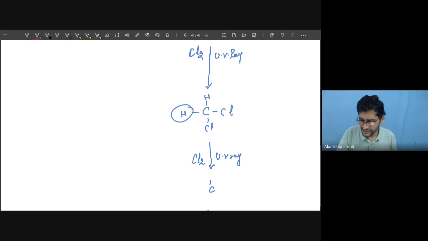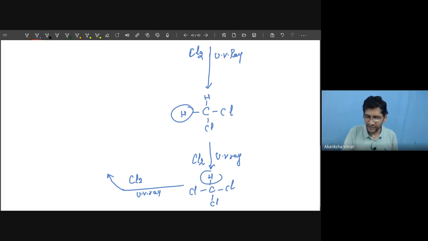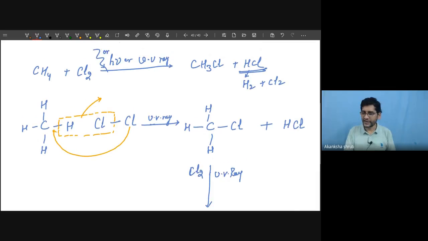So it becomes like this: H, one of the Cl, Cl, Cl. Furthermore, if more Cl2 is present and UV ray, even whatever the remaining one hydrogen, this can also be replaced, and the structure becomes like this: Cl, Cl, Cl, Cl. So this is the reaction that will occur.